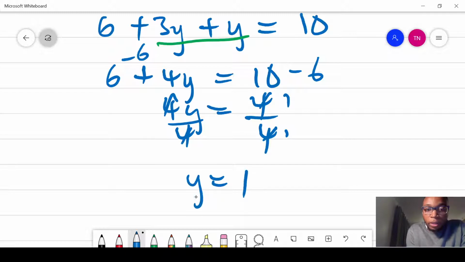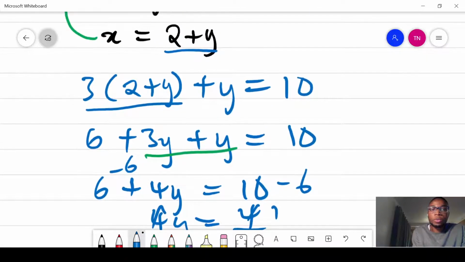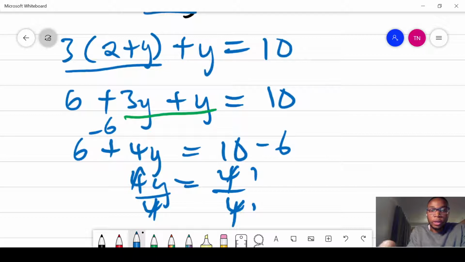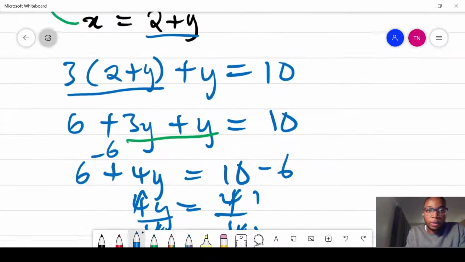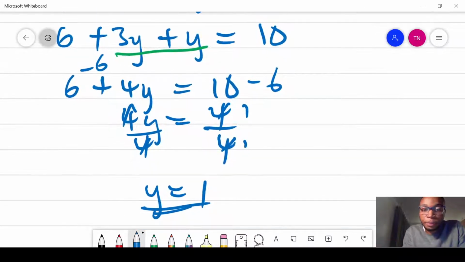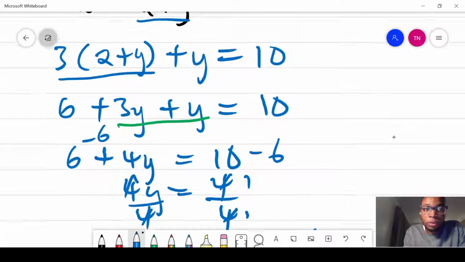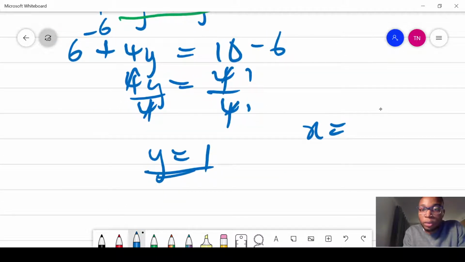y equals 1. So you have your y equals 1 there. Then you can just go back to the other equation that you had. That becomes x equals 2 plus y.